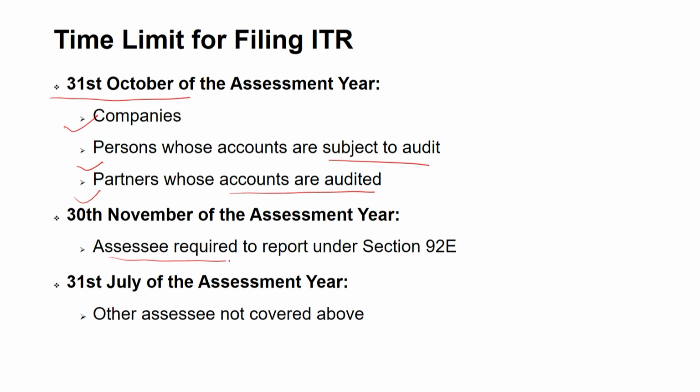Whereas those assessees who are required to report under section 92E, for them the time limit is 30th November, and for other assessees who are not covered under both of the above categories, 31st July of the assessment year is the final due date for filing the return of their taxes.